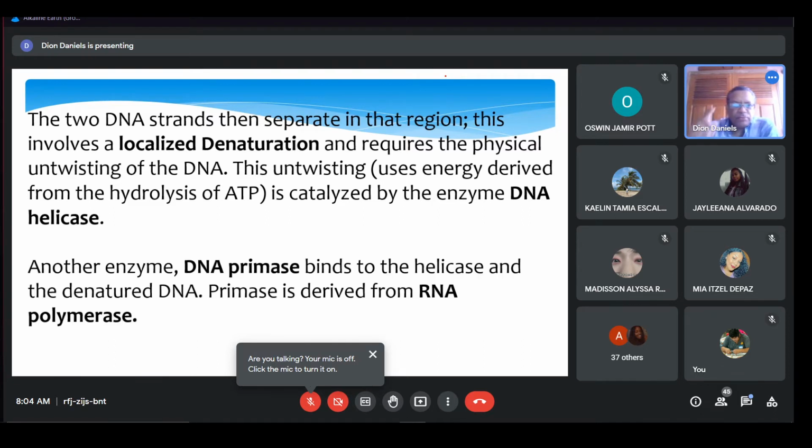All right? We said that enzyme, which is called DNA primase, is responsible to make a short oligonucleotide, which is called a primer, that will anneal to both strands. So it is from that primer where that primer is attached. All right.